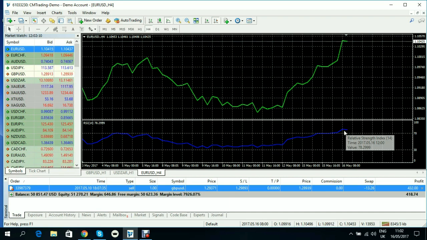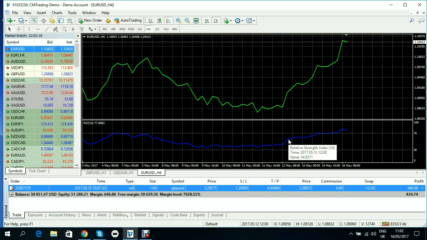On the other hand, when the RSI line is below 50, for example, let's say 41, then a possible downtrend may be confirmed.